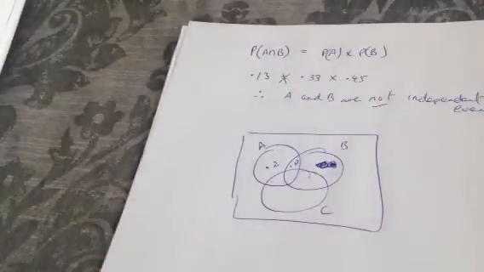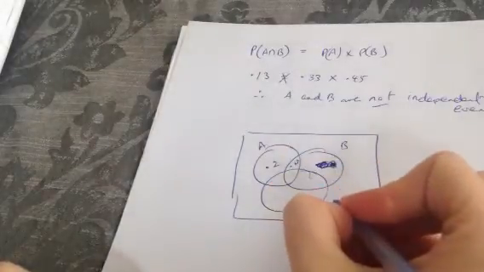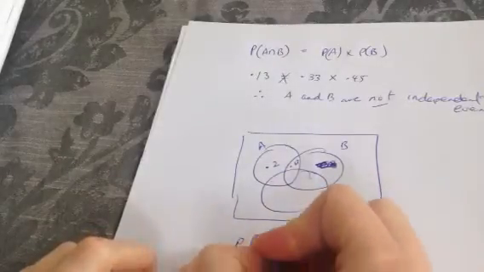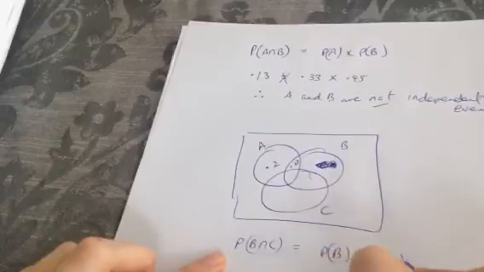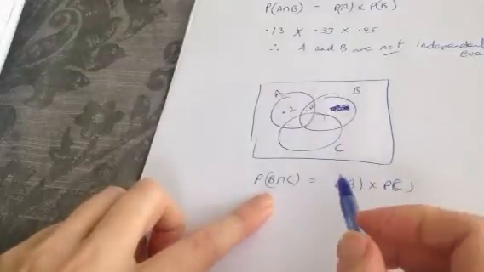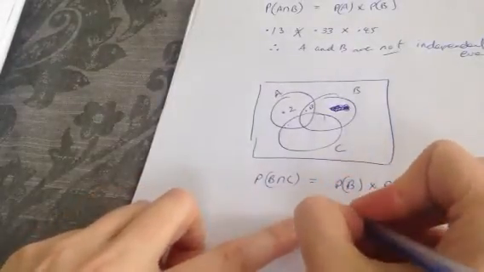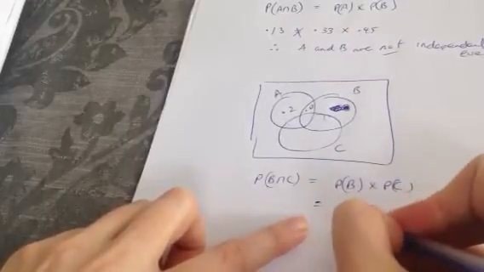So they tell me that B and C are independent. Now, if they are independent, that means that the probability of B intersecting with C is going to be equal to the probability of B times the probability of C. That's true when they are independent, and it says they are, so I can use this information. So the probability of B intersecting with C is 0.09.